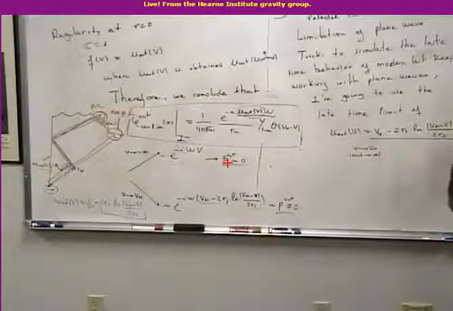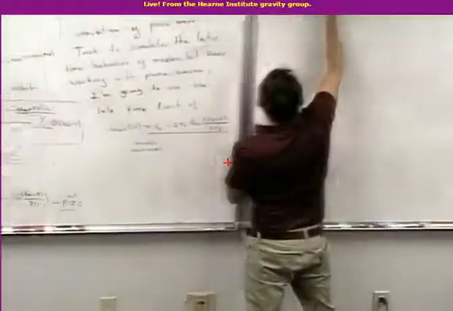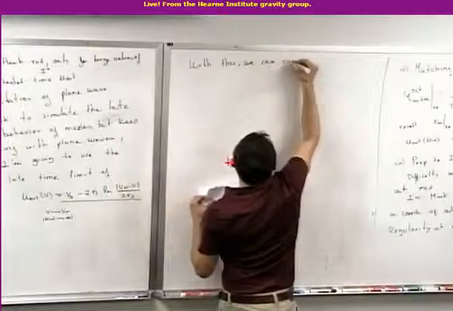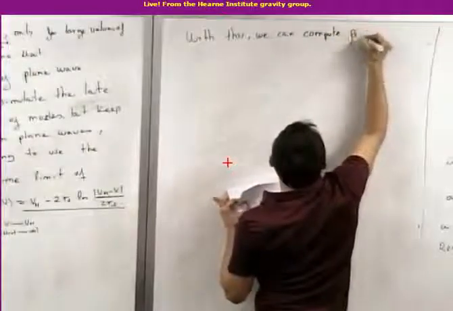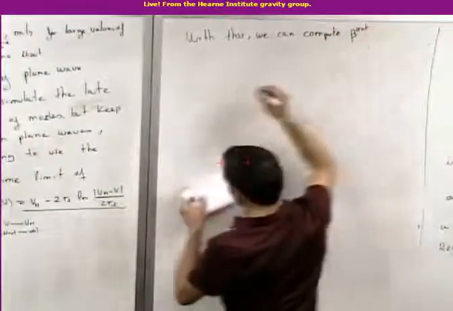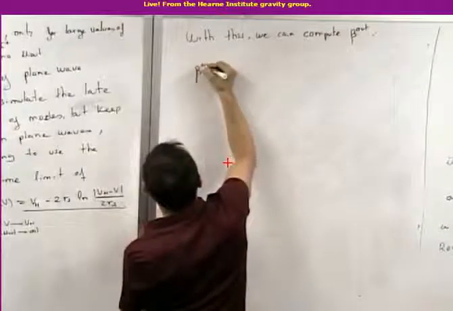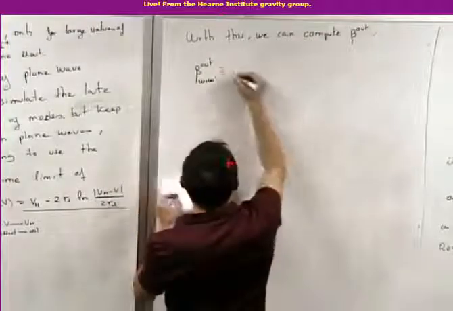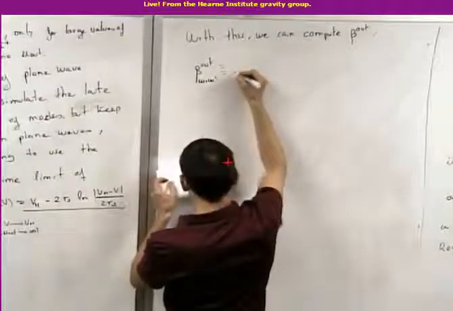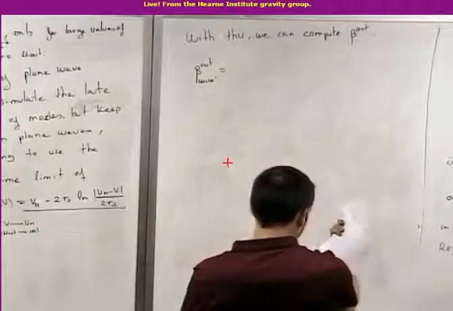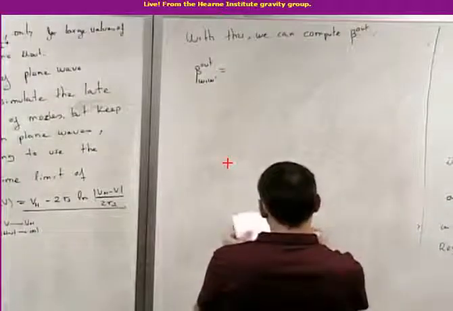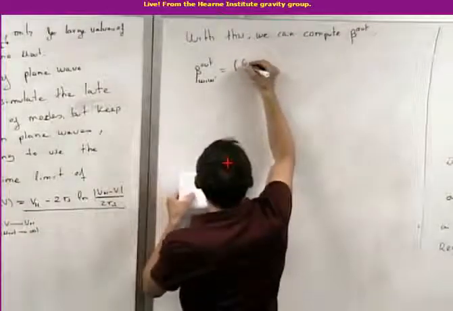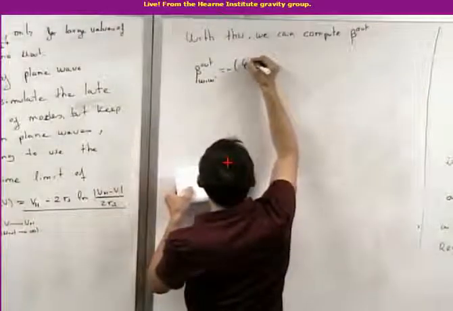Now, with this, we can compute beta out. And I don't even need to do the whole computation. Remember the... I didn't write. This guy is, as I said before, phi out. I just erased it.